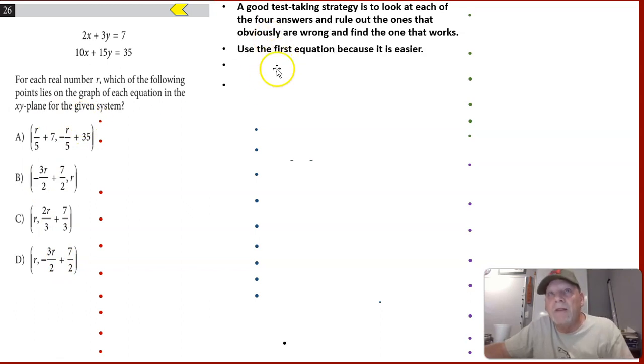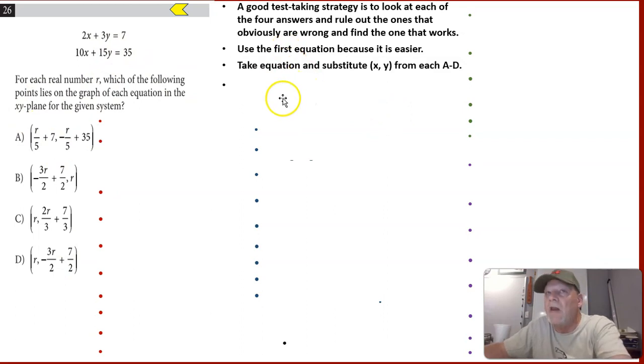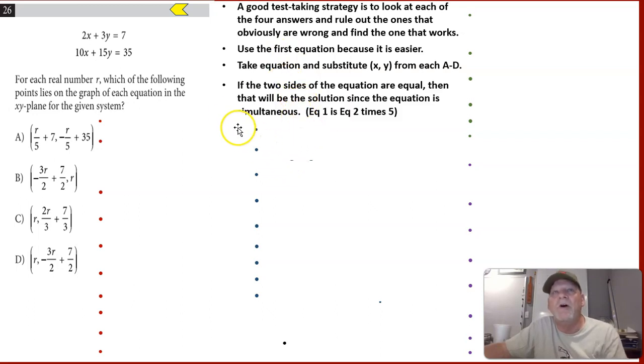And when you plug them in to the first equation, because it's the easiest one, and see if it's an identity equal on both sides, then you can plug it into the second one. What you're going to see is there's only one possibility that works for either of them. So we just have to go through that long algebra process of substituting each of those x, y values in terms of r.